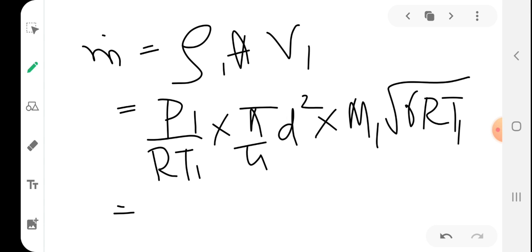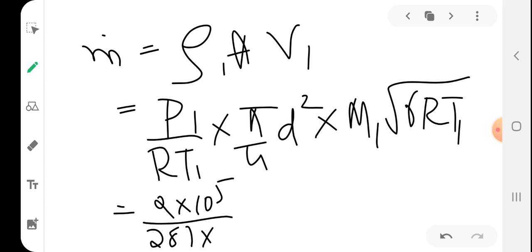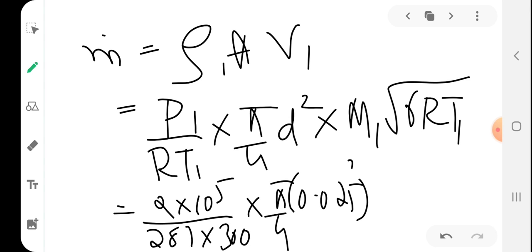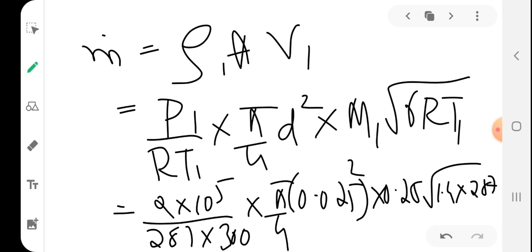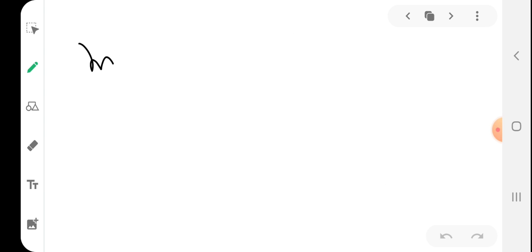So P1 is 2 into 10 raised to 5 by 287 into 300, into pi by 4 into 0.025 whole square, into Mach number 0.25, into square root of 1.4 into 287 into 300.